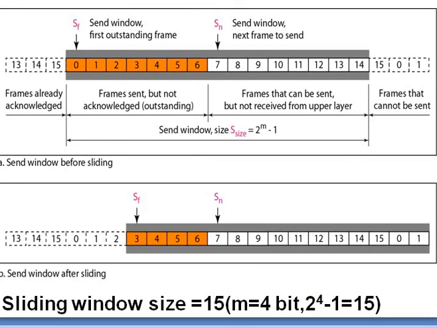At the sender side, the send window after sliding: SF denotes the send window first outstanding frame, and SN denotes the send window next frame to send after sliding.